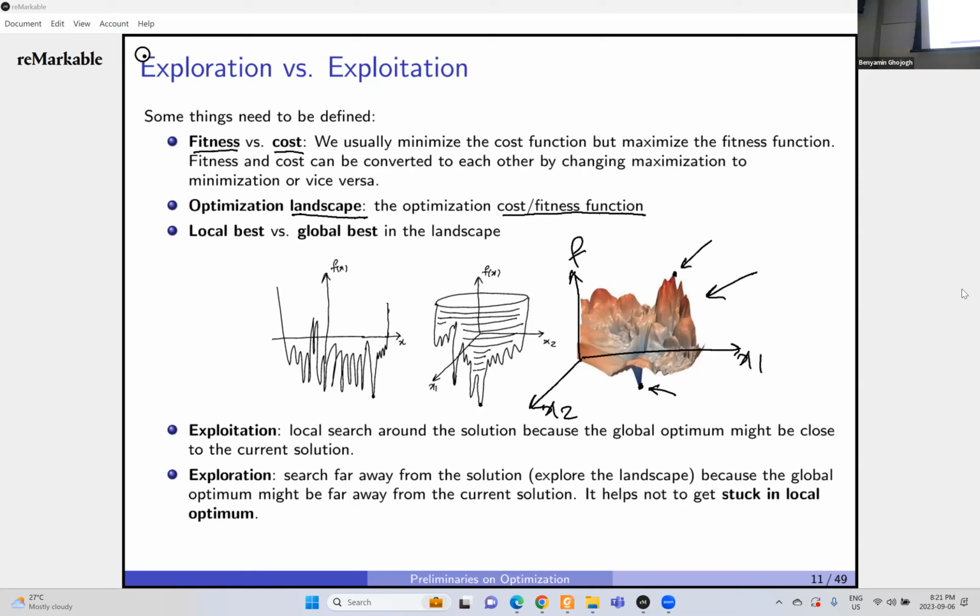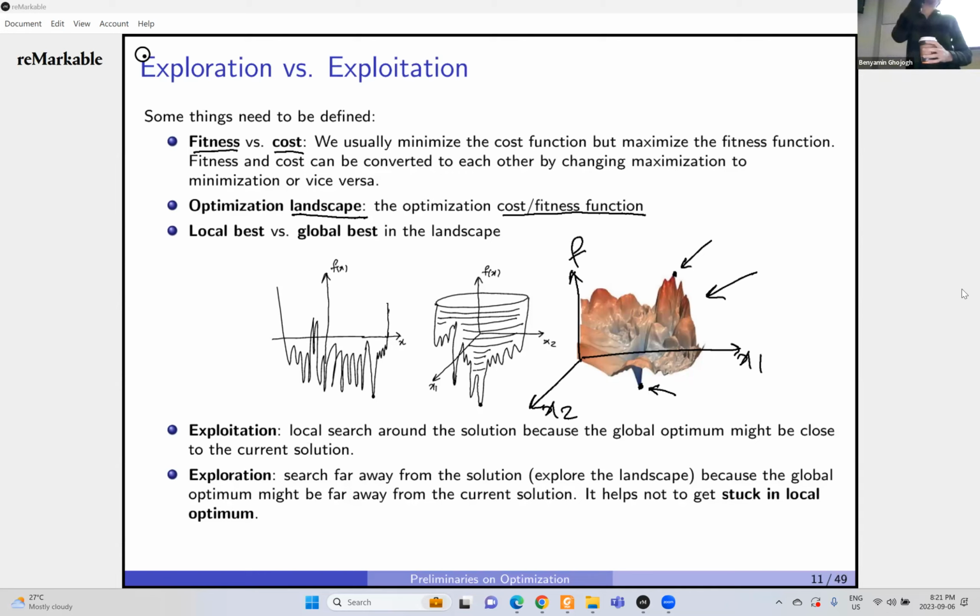Is it problem dependent? It might be problem dependent, but rather than problem dependent, it is more algorithm dependent, because we have various algorithms for doing optimization, and some optimization algorithms are suitable for minimization. Some optimization algorithms are suitable for maximization. Then, for example, you have something which is easier to minimize, and you have a maximization problem, so you convert it to minimization and you fit that to that algorithm, right?